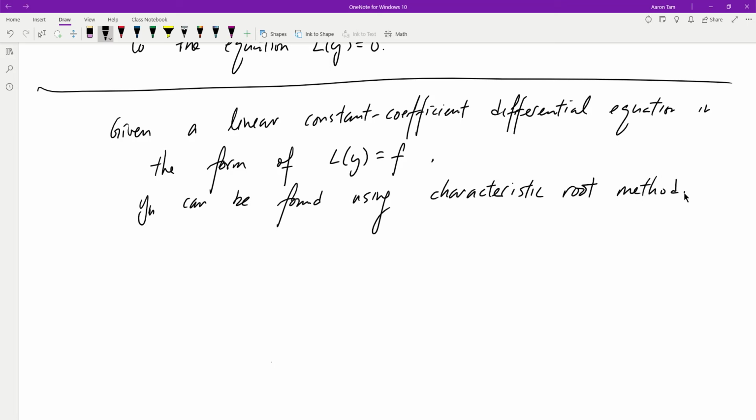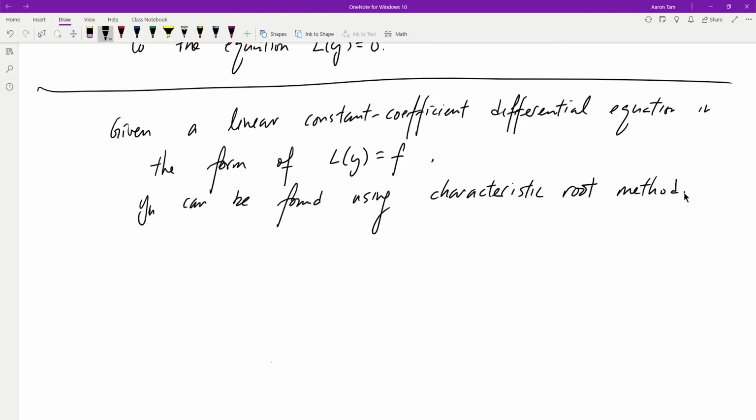So the question comes down to how to find y sub p. We will talk about two different methods for finding y sub p. One is called the undetermined coefficient method. The other is called the variation of parameter method. Those will be what the next two videos are about.